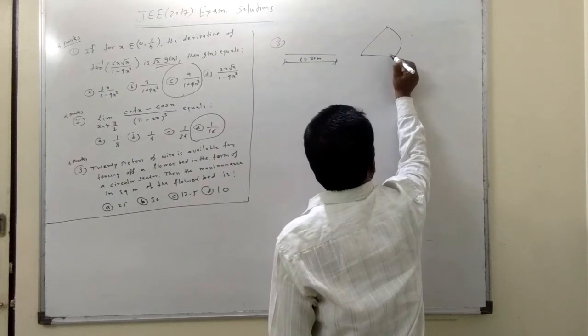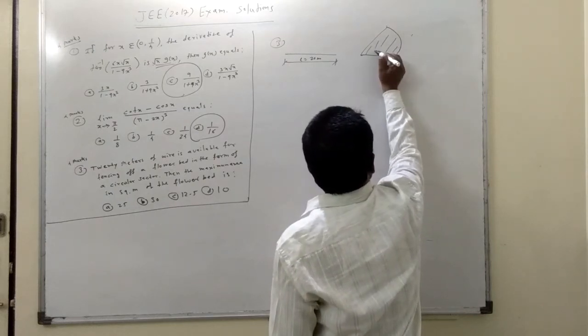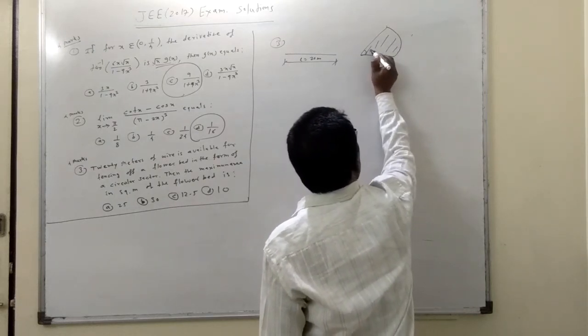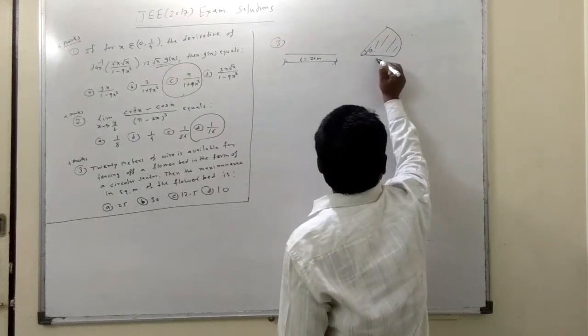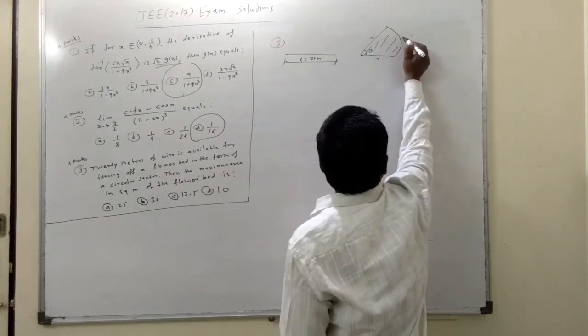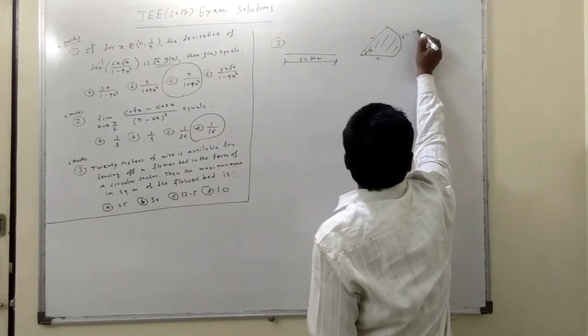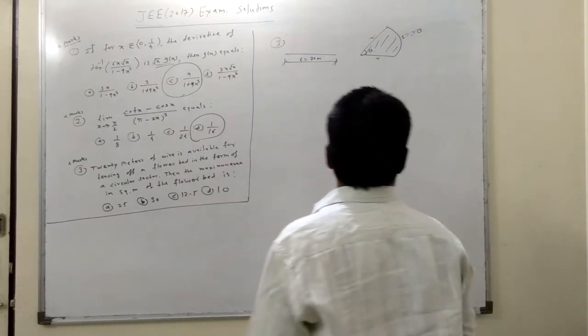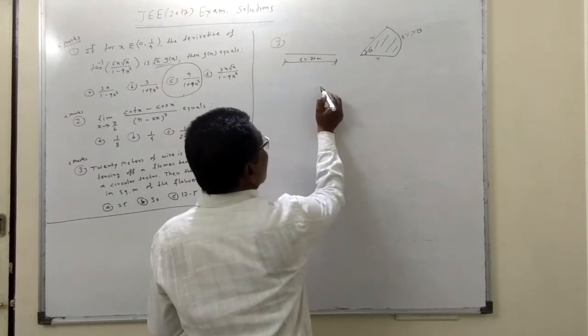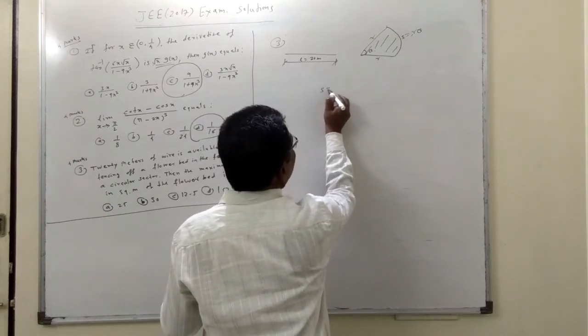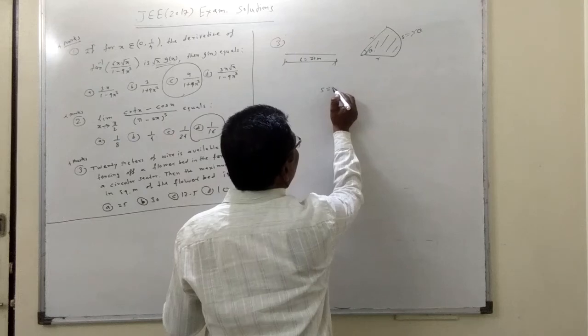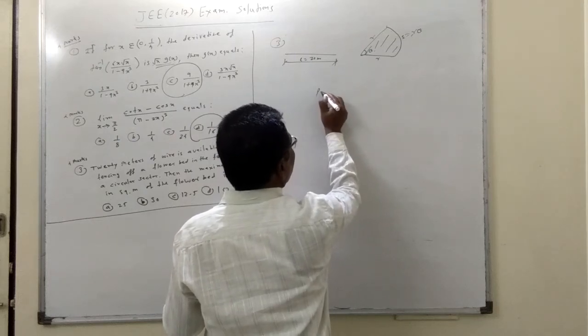So like this. Now suppose this angle we consider theta. R is the radius. Now this is the length S, you know this formula, S is equal to R theta, theta in radians. So S is equal to this, perimeter.